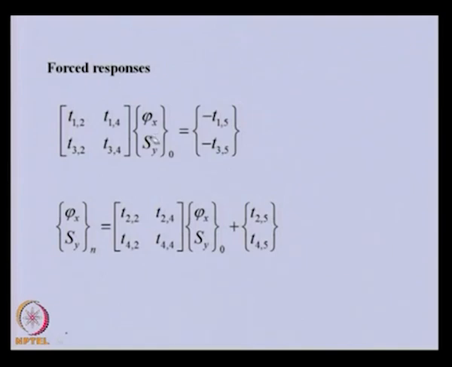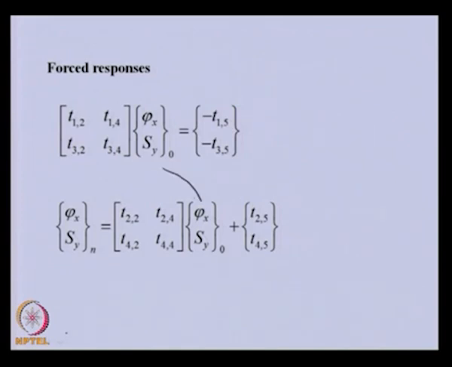If we want to solve the forced vibration, again we need to come back to the previous two equations which we obtained from first and third row. So, here now we are not keeping this unbalanced force as 0. If we know this unbalanced force, we can obtain this vector, because they will be known now, because speed omega will be given, and we can invert this to get the state vector at 0 station.